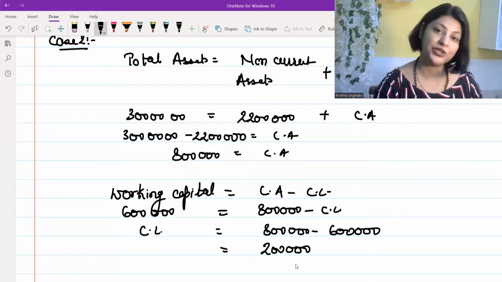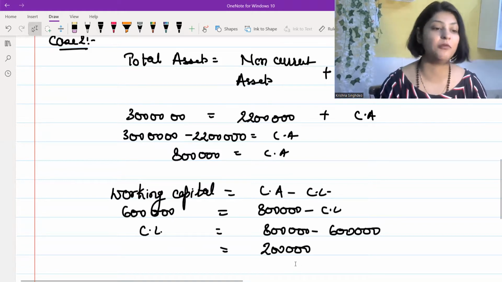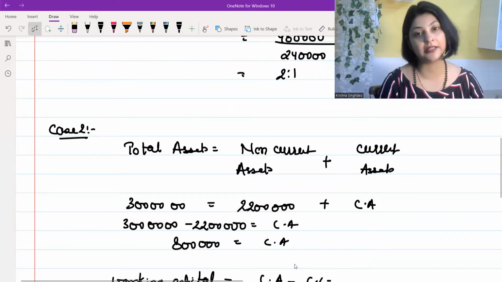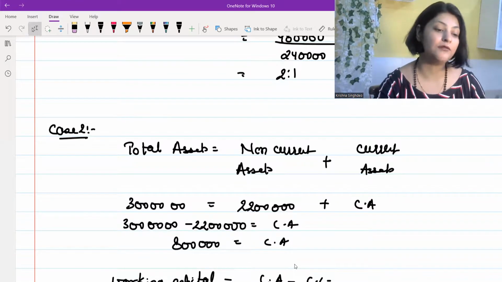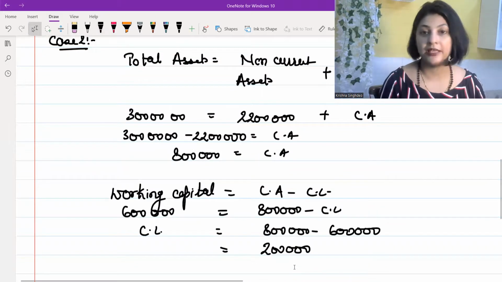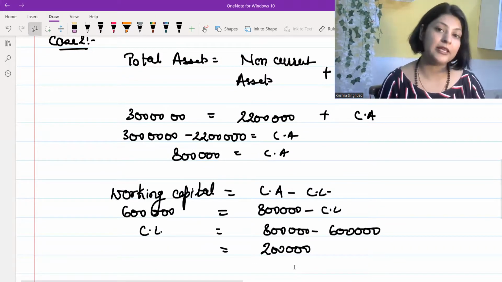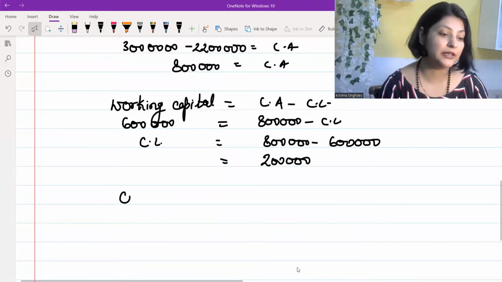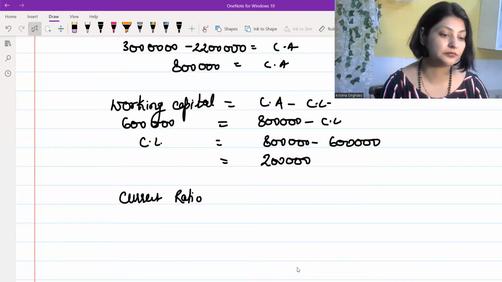Now I will ultimately write down the formula of current ratio. So see, to reach the current ratio, we had to use two formulas. The first formula which we used is total assets is equal to non-current assets plus current assets. The second formula which we used is the working capital formula, current assets minus current liability. Now see, the current ratio is equal to current assets upon current liability.